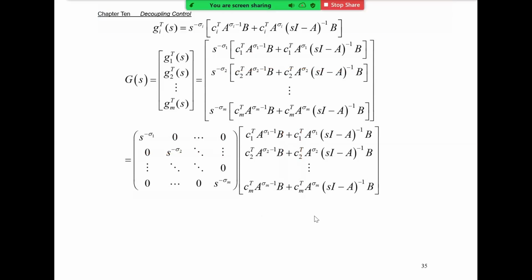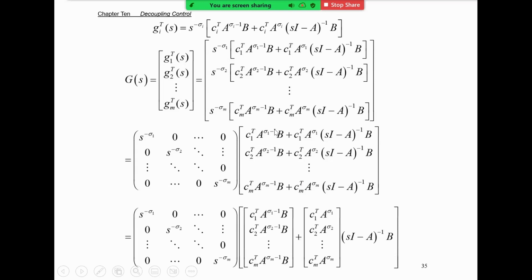Okay, and next, we try to write this second matrix as a summation of two matrices. Clearly, we can group those terms together into one matrix, and those together, we can write as this matrix times the inverse of this matrix times b.